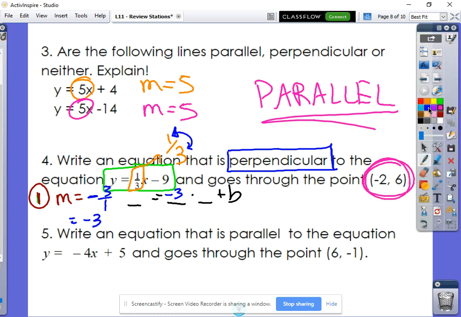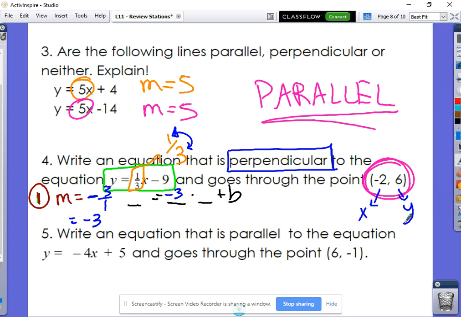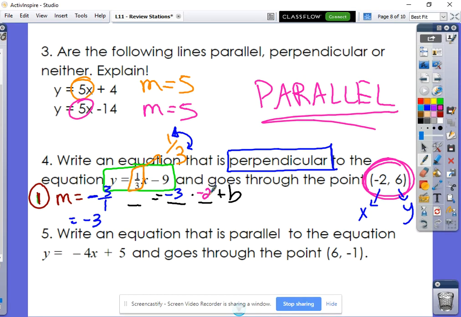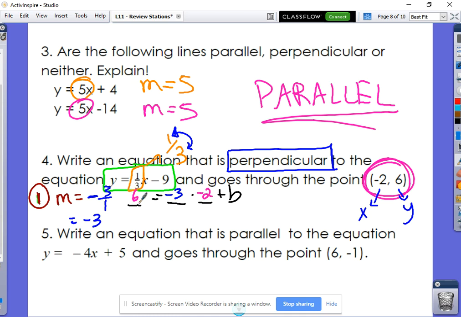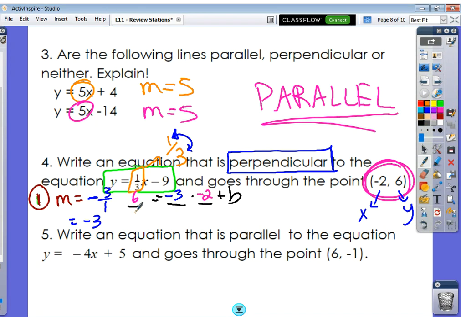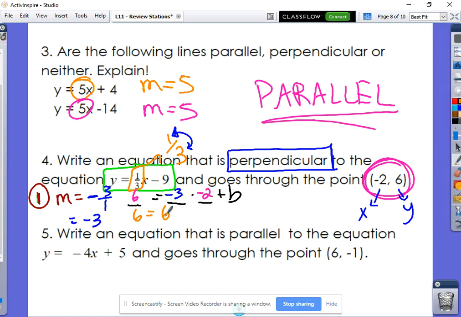This point is our x and our y. So now we know what to plug in. My x is -2, and my y is +6. Let's simplify. This leaves us with 6 equals 6 again, plus b, because -3 times -2 gives us +6.